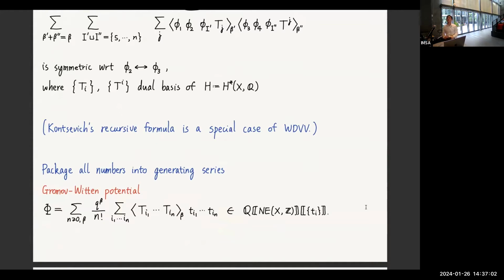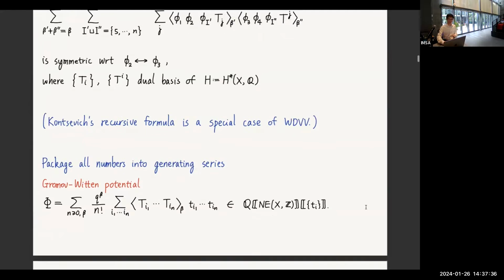The Gromov-Witten numbers are rational numbers, and here we have q to the power beta, which lives inside the formal completion of the group ring or monoid ring associated to the monoid of curves. And we also have all these formal variables t_i that keep track of the observables.